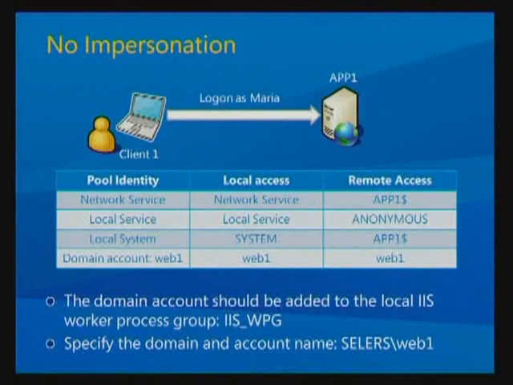With no impersonation, if we're using a domain account, so we're running under Web 1, which is a domain account, local access will be Web 1, and remote access will be Web 1. Remember, no impersonation at this point in time. And then I've got local system.